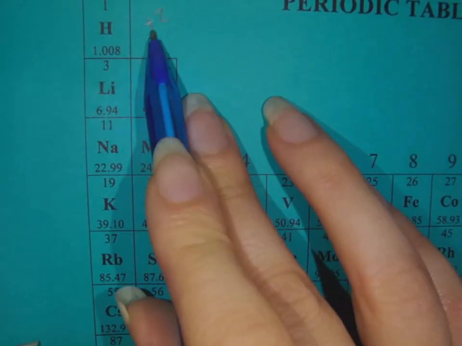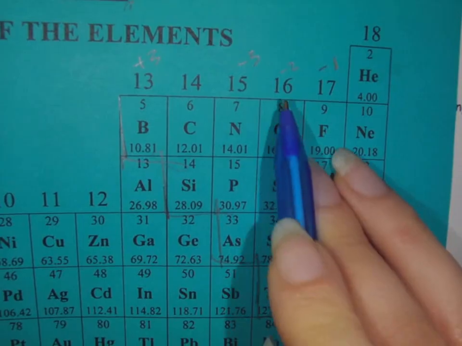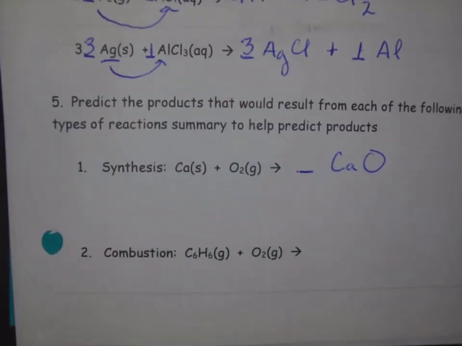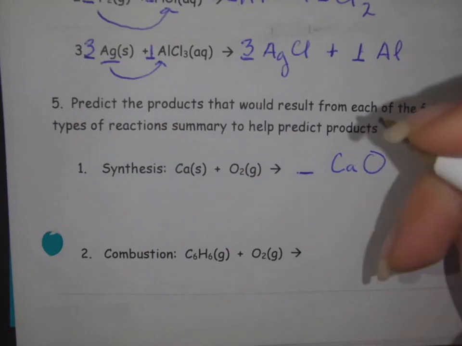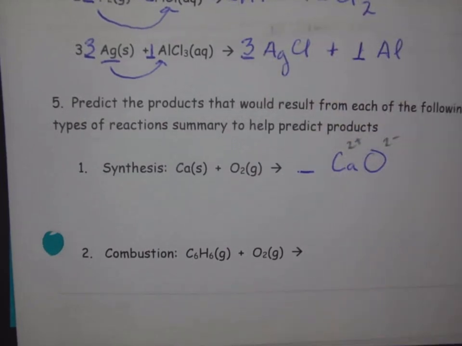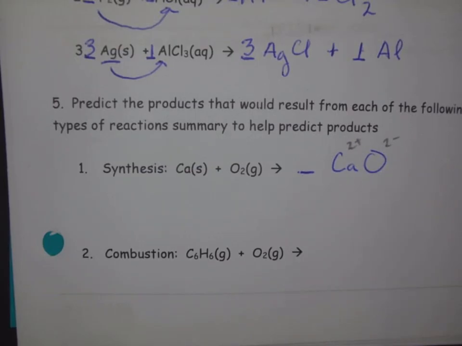So calcium is a +2 because it's in group 2, and oxygen is -2 because it's in group 16. Oh, wait. If they have the same magnitude, a 2+ and a 2-, instead of doing a 2 to 2, it would reduce down to 1 to 1. So there's not any subscripts that we're going to add onto this one.